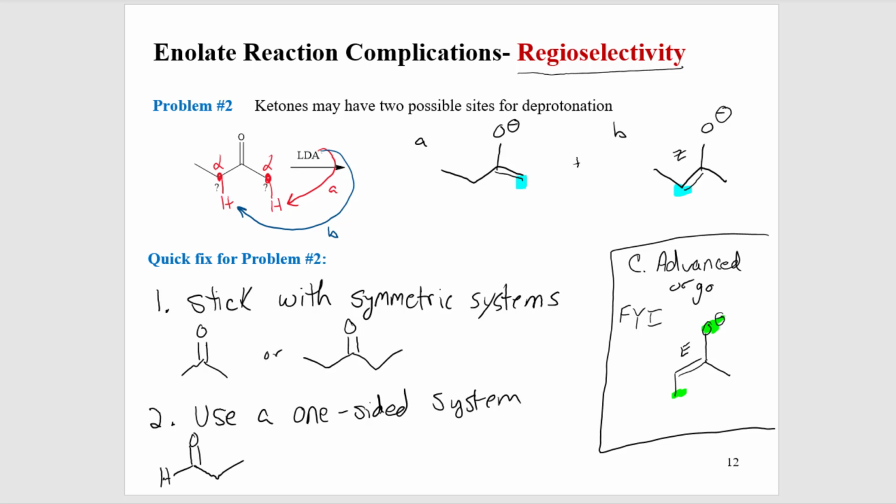Remember, the hydrogen of an aldehyde is not alpha. So that's kind of a blocked side. It's sort of a dead-end side. That hydrogen cannot be removed. Therefore, it doesn't matter. Whatever you have on the other side, as long as it's got an alpha proton, you're good, and you don't have competition. So aldehydes are an option.